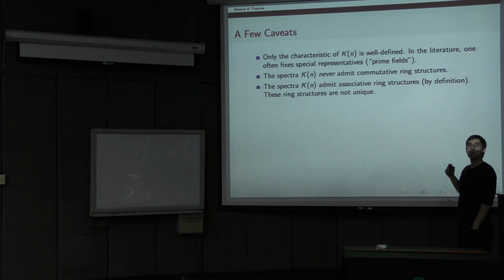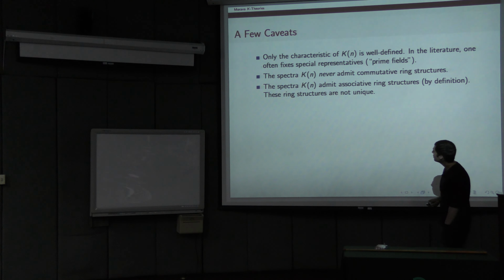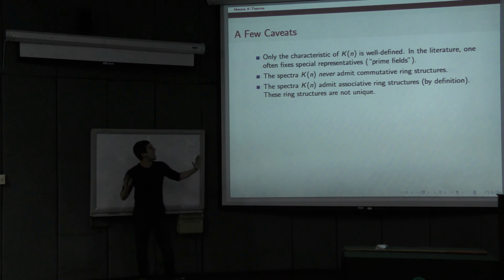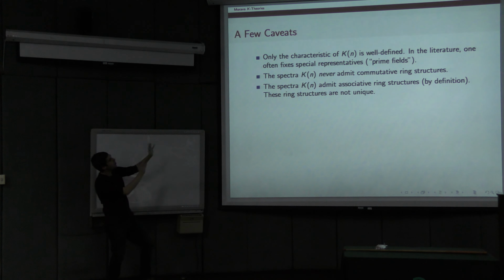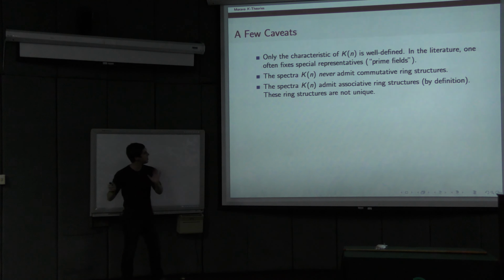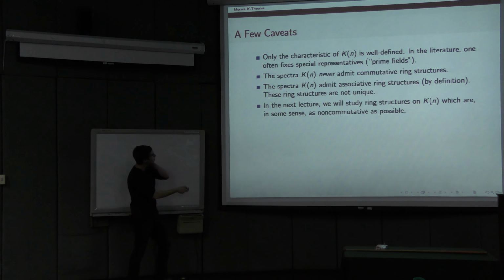What I would like to talk about in the next lecture are similar structures that you can see in this world of homotopy theory. Slightly inaccurately, I would like to think about all of the different associative ring structures that a Morava K-theory has and organize that collection of ring structures into some kind of Brauer group. That's not exactly what's going to happen in the next lecture, but it's pretty close.